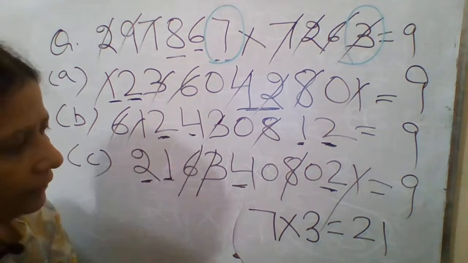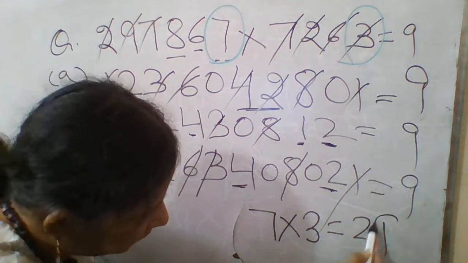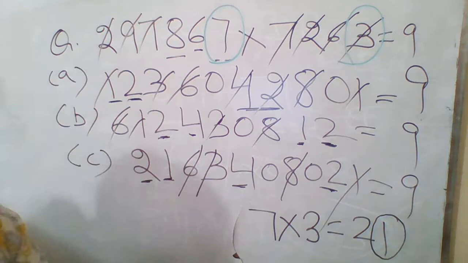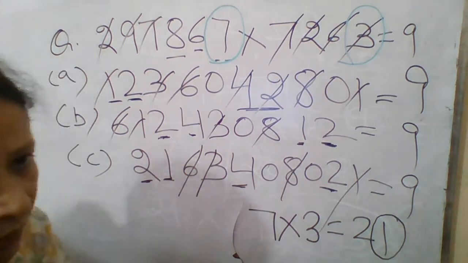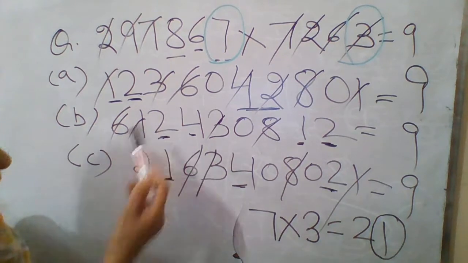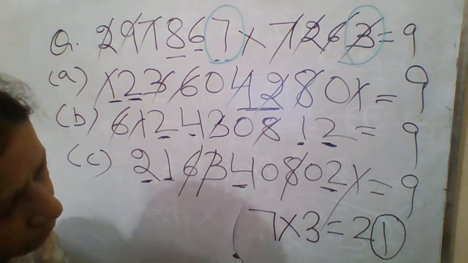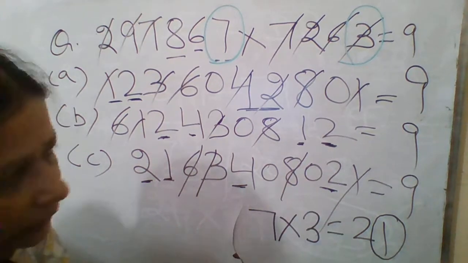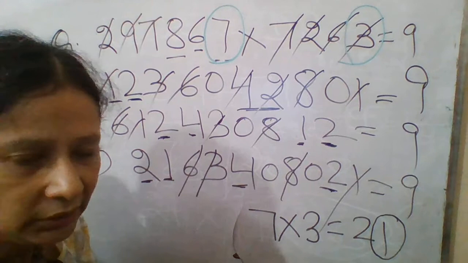But unit digit method means now you have to check the unit digit of the result. What is the unit digit here? Unit digit is 1. Now which one is the correct option here? To find out the correct option, you have to find out the unit digit. Again, now there is a problem for you in this question.